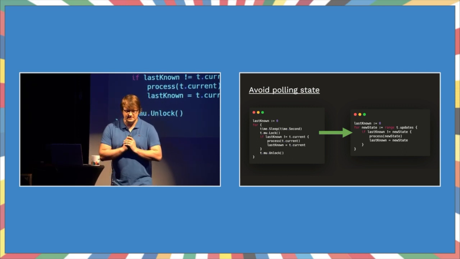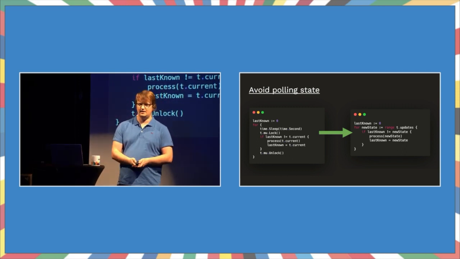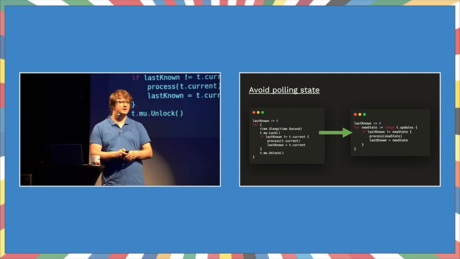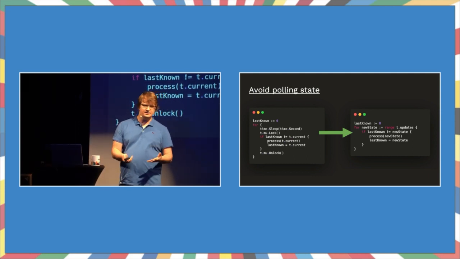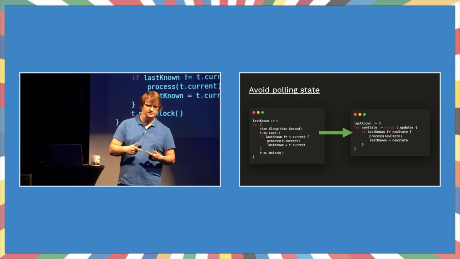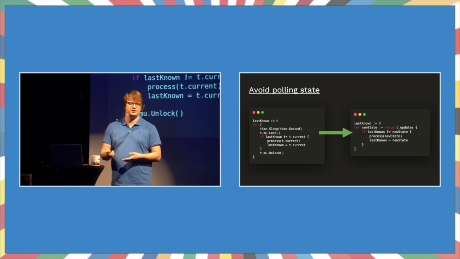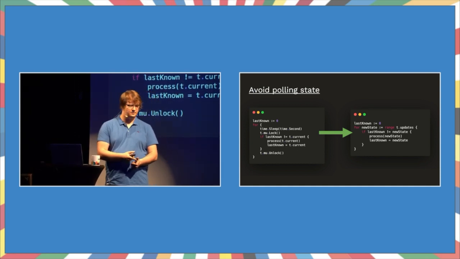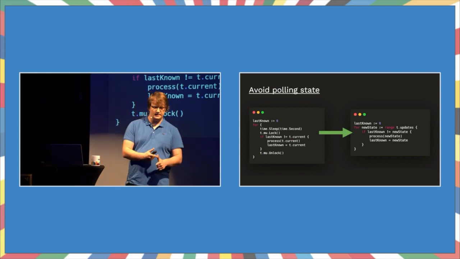Avoid polling state. It's really easy to kind of create state transitions with just polling and seeing what has changed. However, that means that your coroutine that's doing the polling is always running.